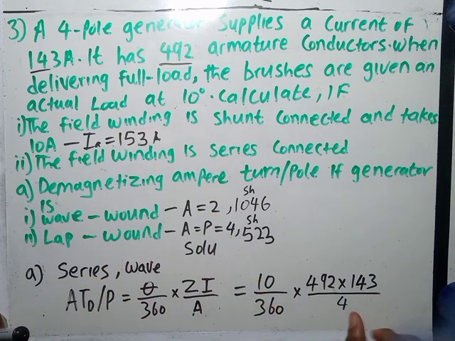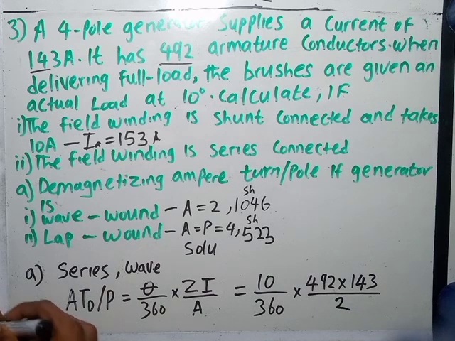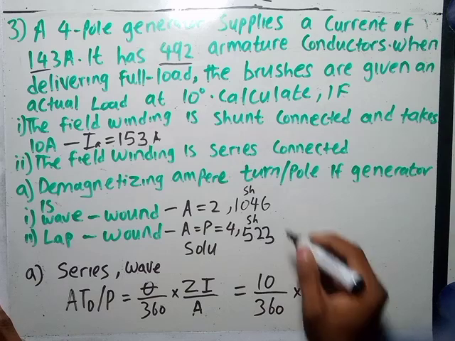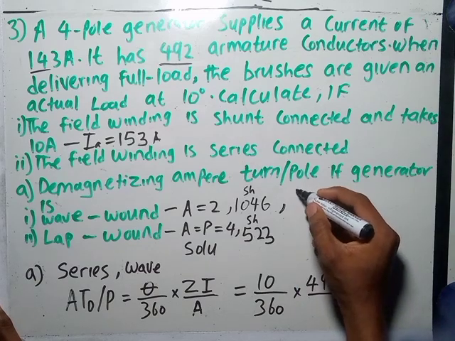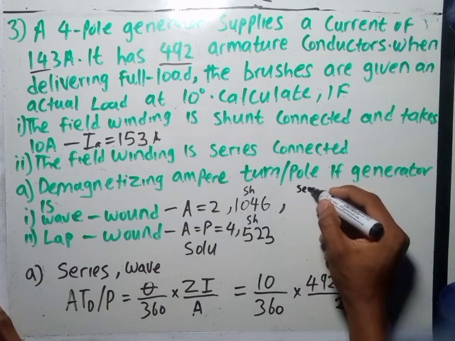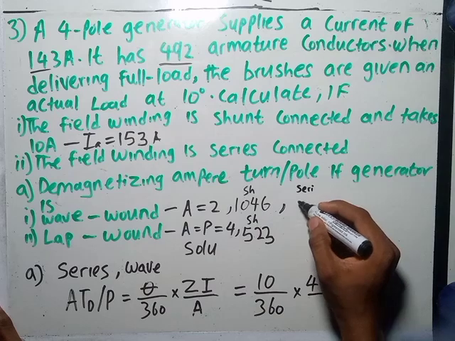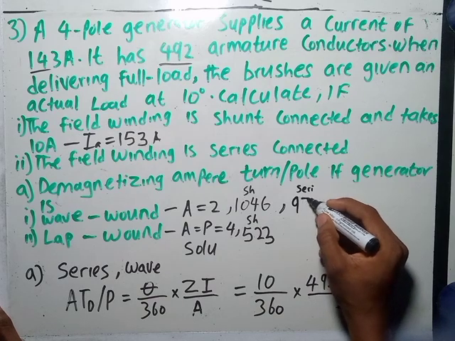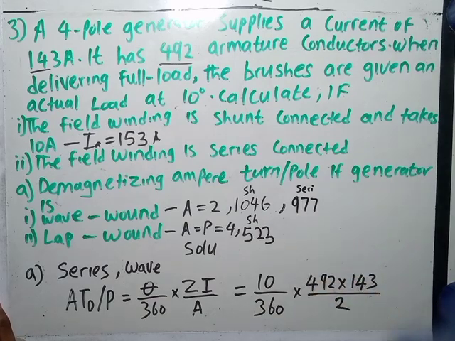So our A will be 2 and not 4. So for our series wave, we have an answer of 977.16. So to the nearest whole number, this is the answer.